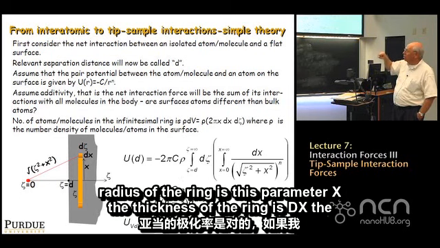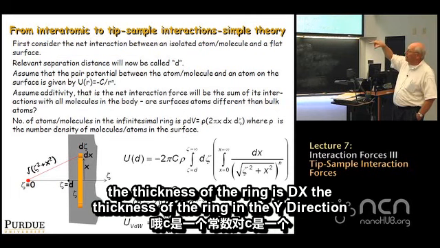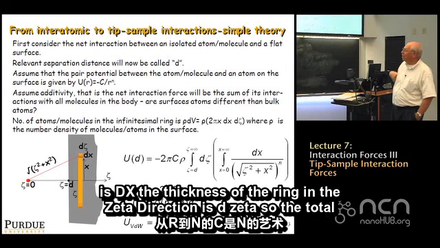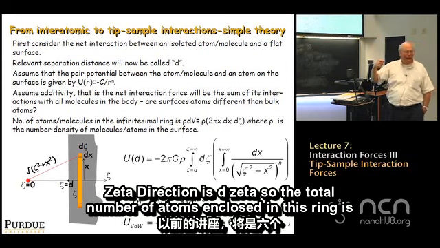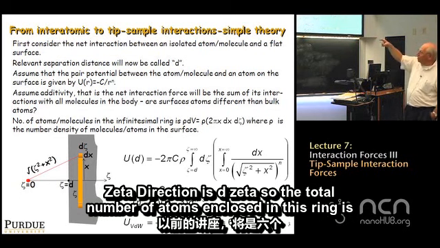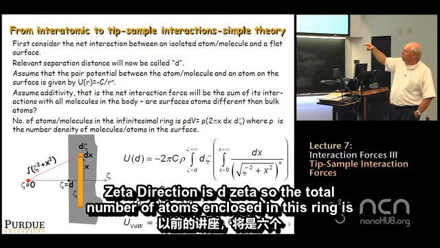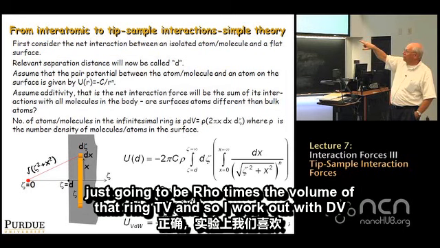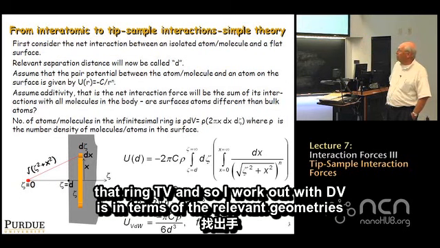The thickness of the ring in the x direction is dx. The thickness of the ring in the zeta direction is d zeta. So the total number of atoms enclosed in this ring is just going to be rho times the volume of that ring, dv, and so I work out what dv is in terms of the relevant geometries.